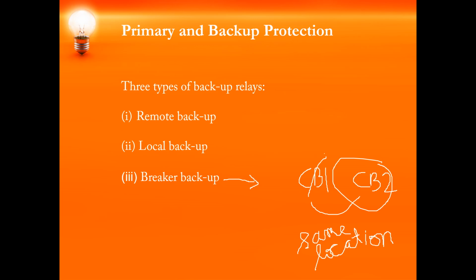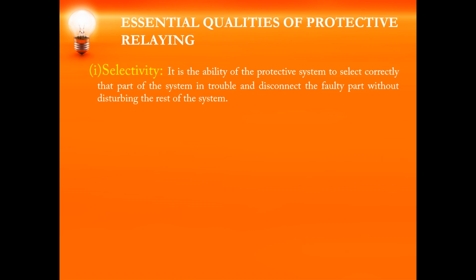Now, coming to the qualities of a protective relay. The first quality is selectivity. Selectivity means in the entire power system, the fault might occur at any point.